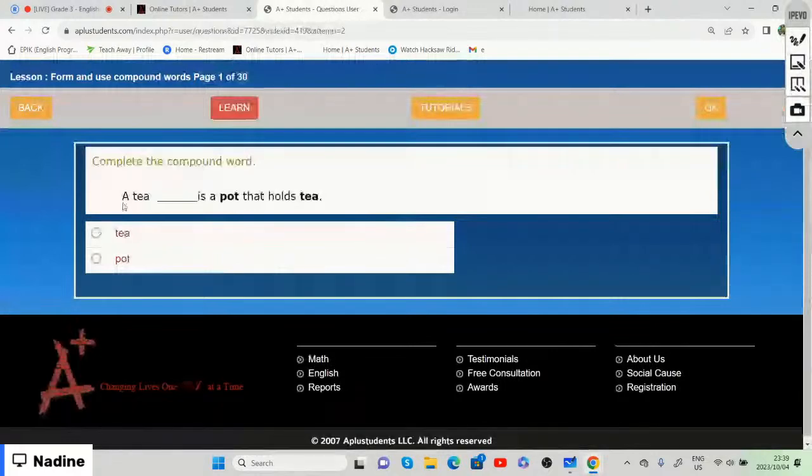A tea is a pot that holds tea. Is it a tea or a teapot? What holds tea? It's a pot that holds tea. Which one must we choose?